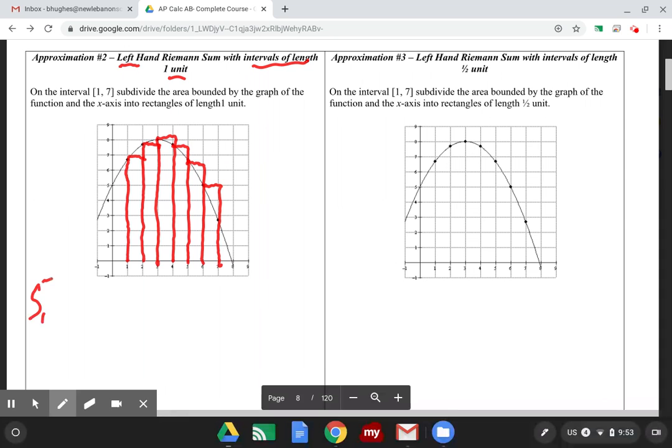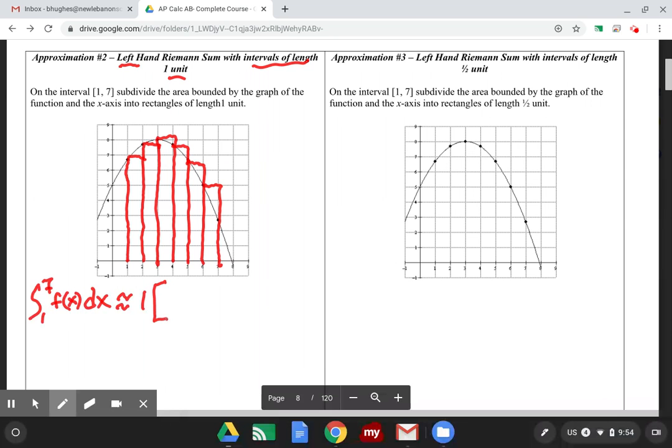So if we were to actually find this one, we know that the integral from 1 to 7 of f of x dx, and that's just talking about the area underneath the curve from 1 to 7, is approximately the width of every single one of those rectangles is 1. So I can go ahead and factor a 1 out of every single area of the rectangle. So I have 1 times, and then the inside here is just going to be all of your function values of where you're actually finding the height.